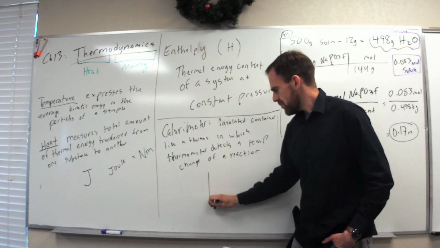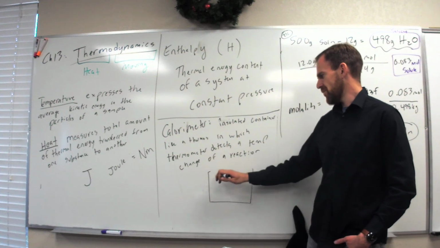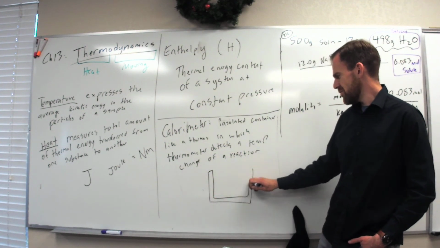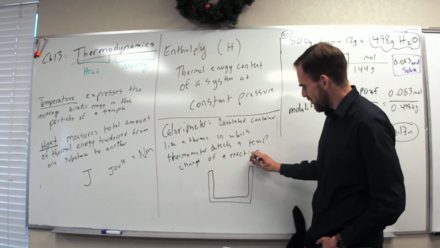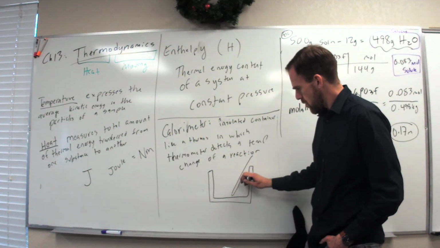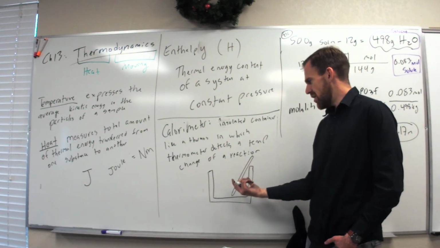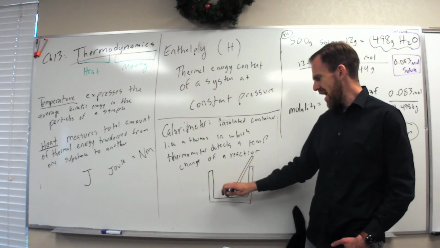So here's the idea. You have this thing. It's called a calorimeter. In our experiments, we will use a styrofoam cup which isn't great, but it gets the job done. Okay? You put a thermometer in there. Okay? So now you can measure the temperature of whatever is happening inside this calorimeter. Then you do a reaction.